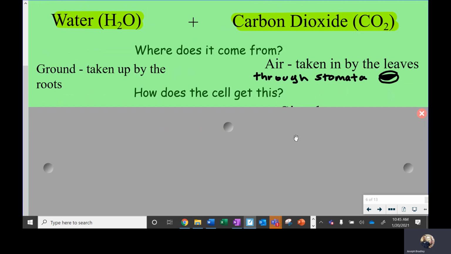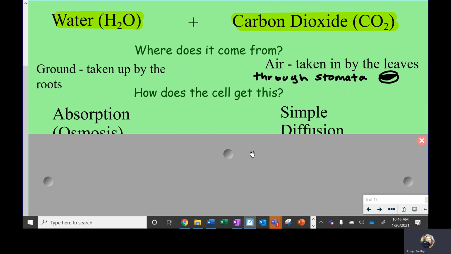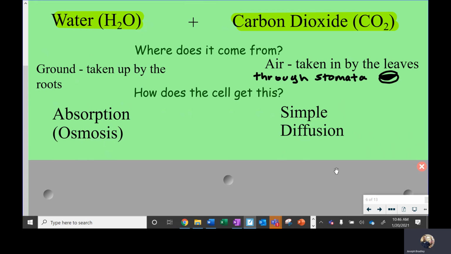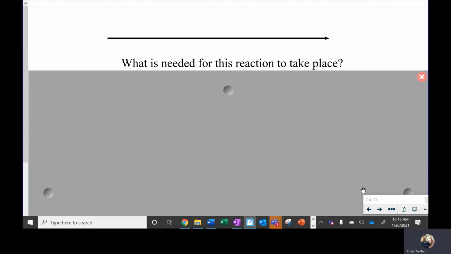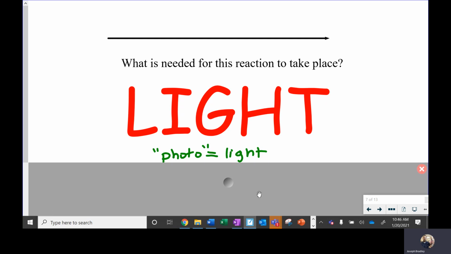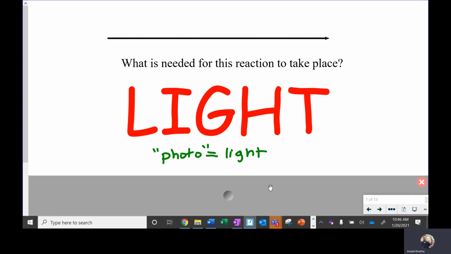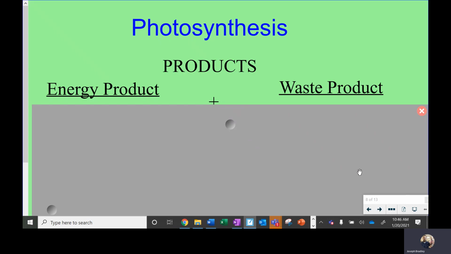How does the cell get it? Water goes up through osmosis, CO2 goes in through simple diffusion. In order for the hydrogen to come off of the water, you need light. Photo means light. And we'll talk about how that happens in a little bit.